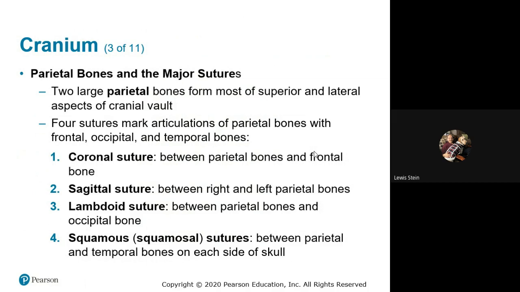There's no real anatomy. The most interesting thing anatomically is that the parietal bones are part of the sutures. Every named suture, whether it's coronal, sagittal, lambdoidal, or squamous, involves parietal bone. But there's not really a whole lot of anatomy associated with it.